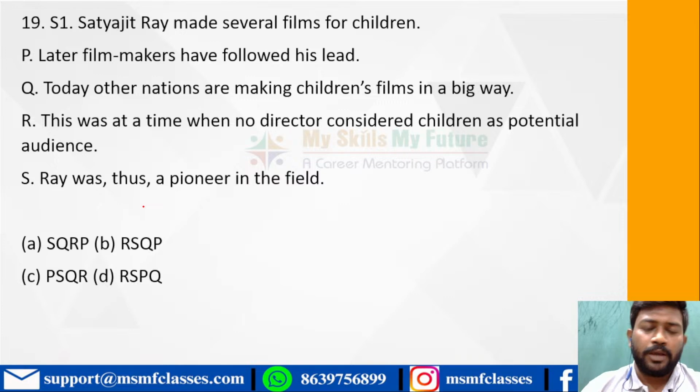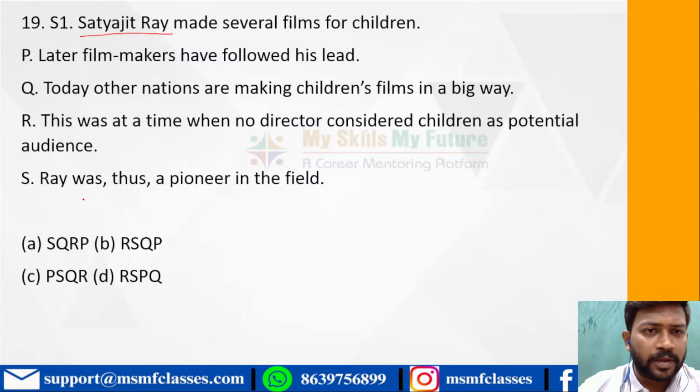See, in the first sentence they have spoken about Satyajit Ray. Then later filmmakers have followed his lead. Whose lead? Satyajit Ray's lead. So before that he has done something.